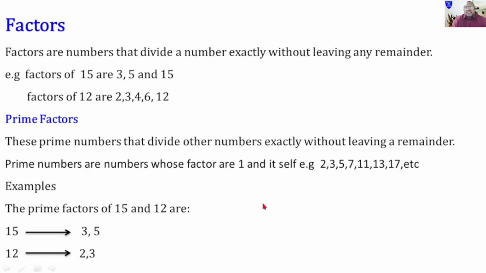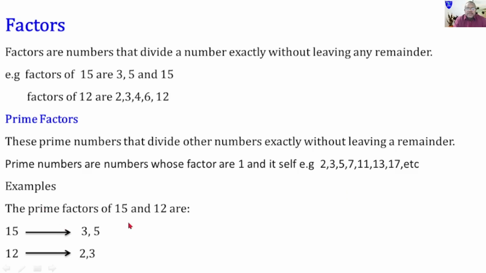Such numbers are 2, 3, 5, 7, 11, 13, 17, etc. The list goes on and on, guys. As long as a number has only 2 factors, 1 and itself, then that's a prime number. Or, in other words, a number that is exactly divisible by 1 and itself is a prime number.